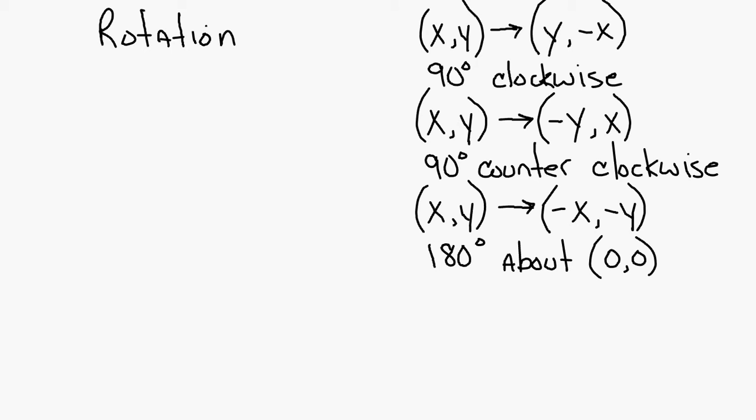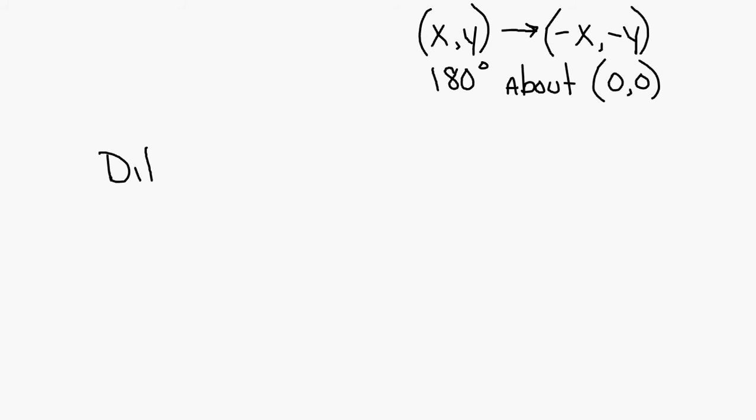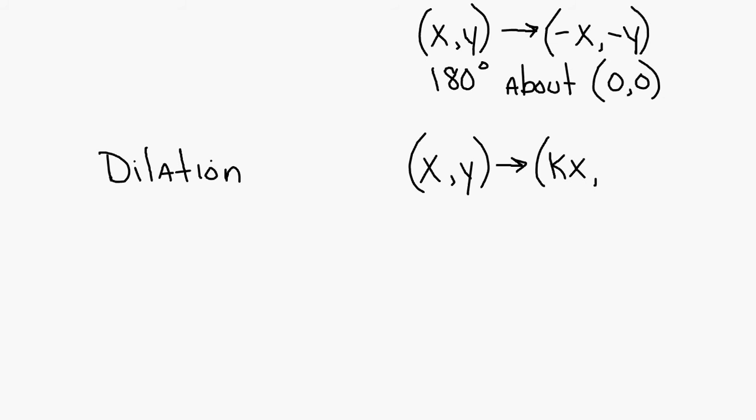All right, and the fourth transformation is a dilation. And that rule would look like each xy is going to be transformed so that you multiply, this k would mean a constant, times x and a constant times y.